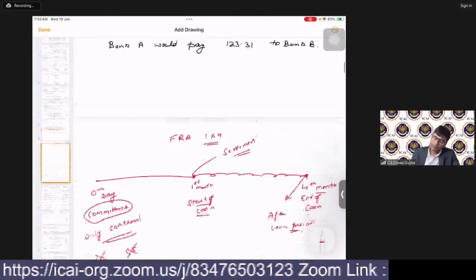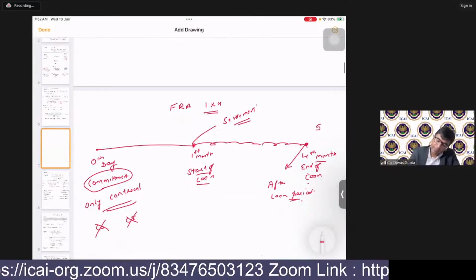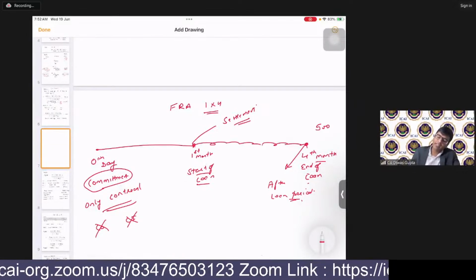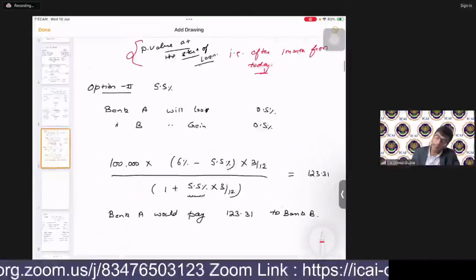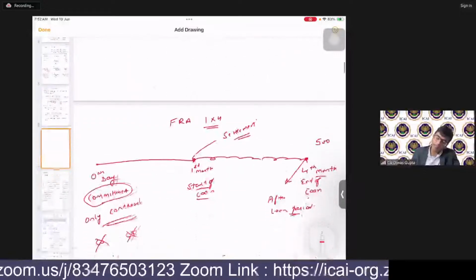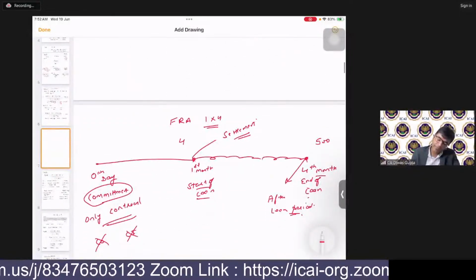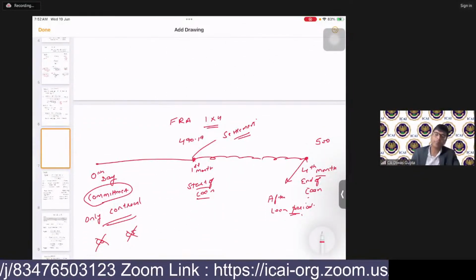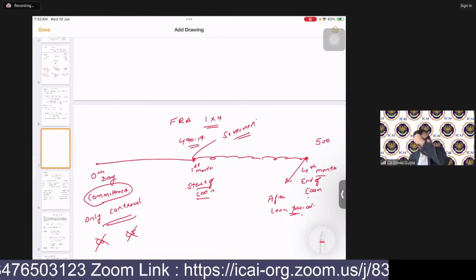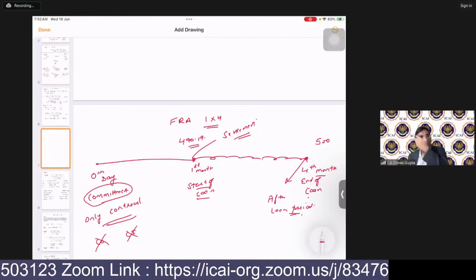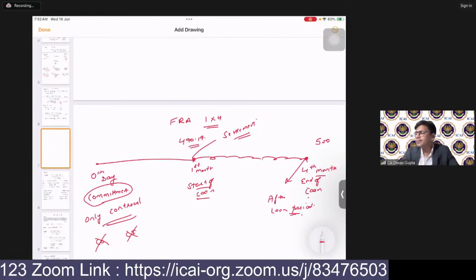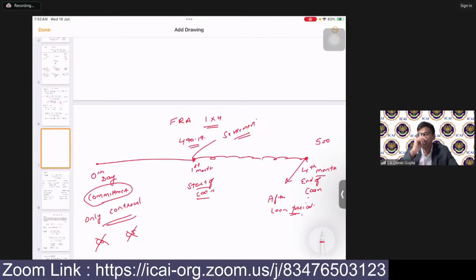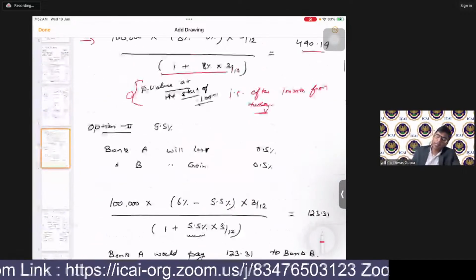So if the settlement is happening here, it will happen at 500 rupees. If the settlement is happening on the 1st month, it will happen at 490.19, students. Okay, clear? So that is how we have calculated.